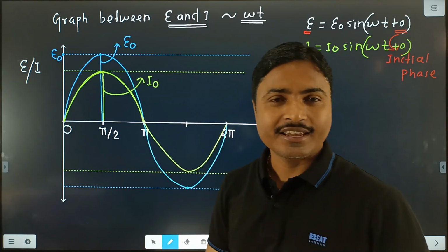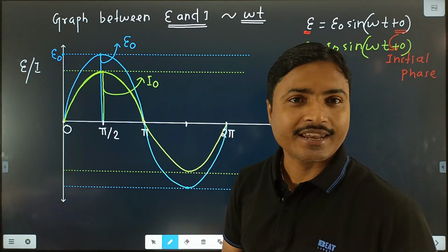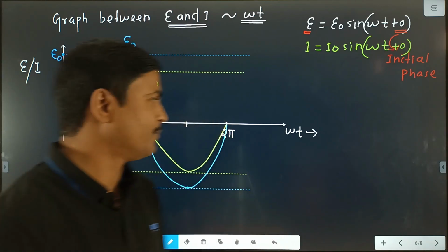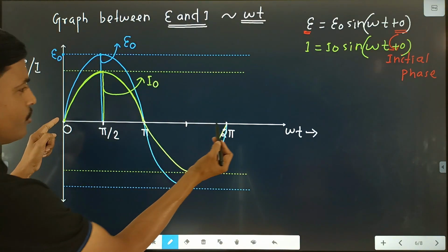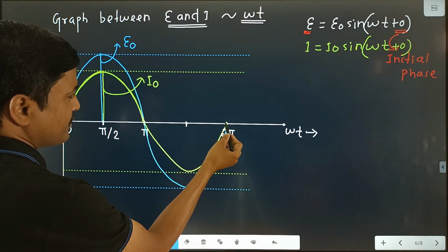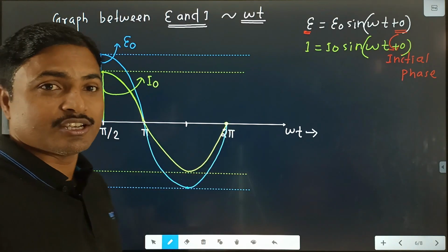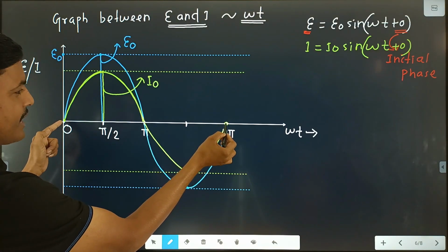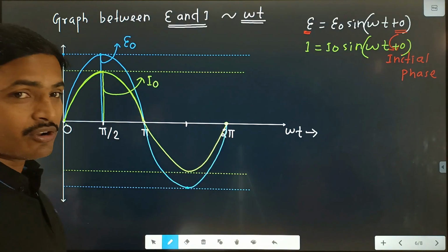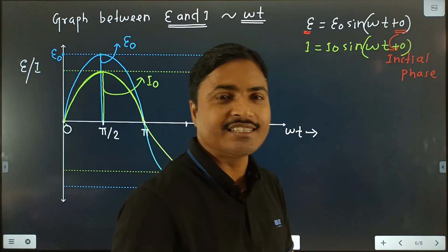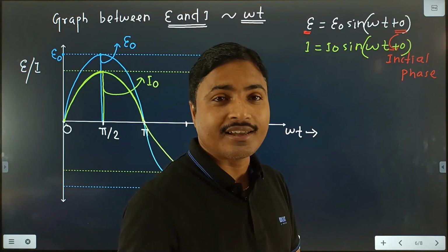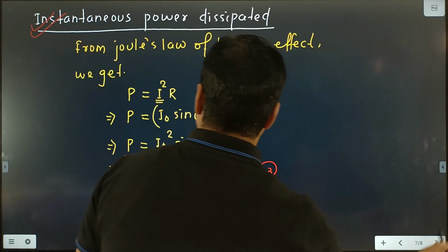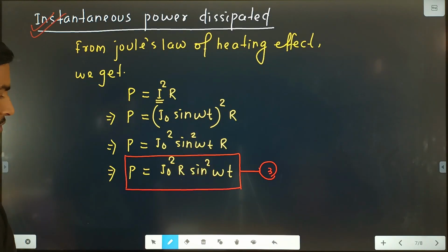And in case of a variable, simply we will calculate its average value for a full cycle. Full cycle means from 0 up to 2 pi, because for a full cycle the phase angle is equal to 2 pi. That means from this point to this point we will calculate the average power consumed, or average power dissipated, in a purely resistive AC circuit. Clear? This is your instantaneous power supplied.